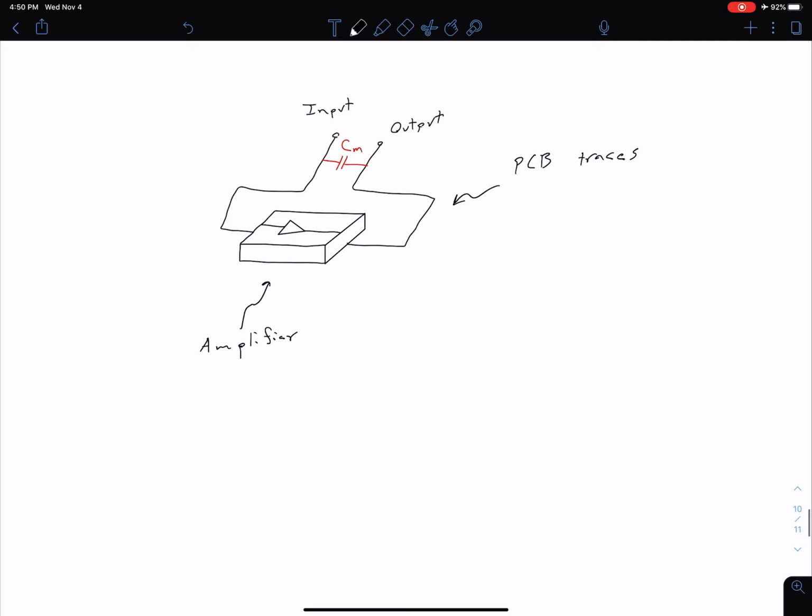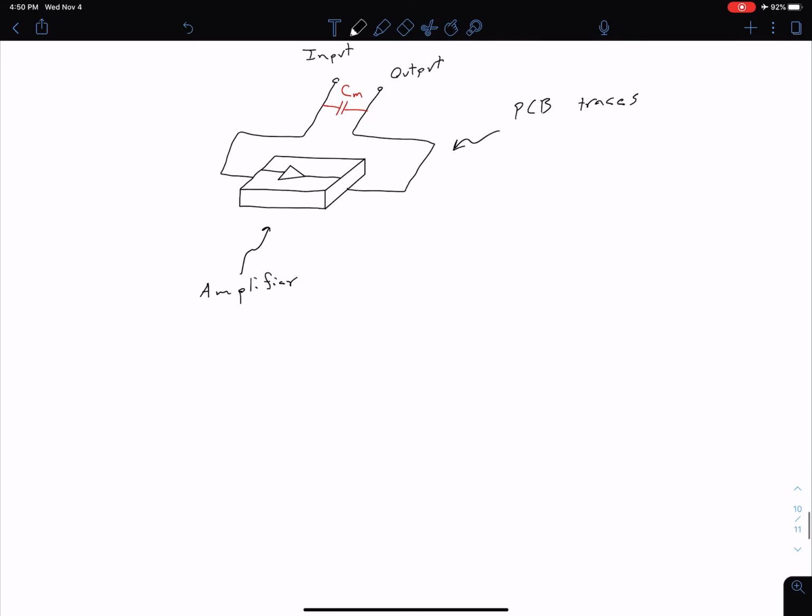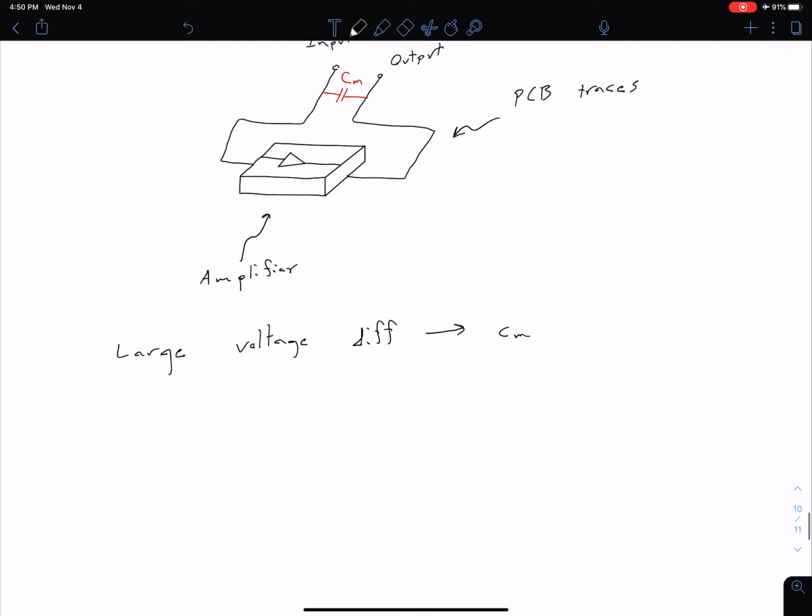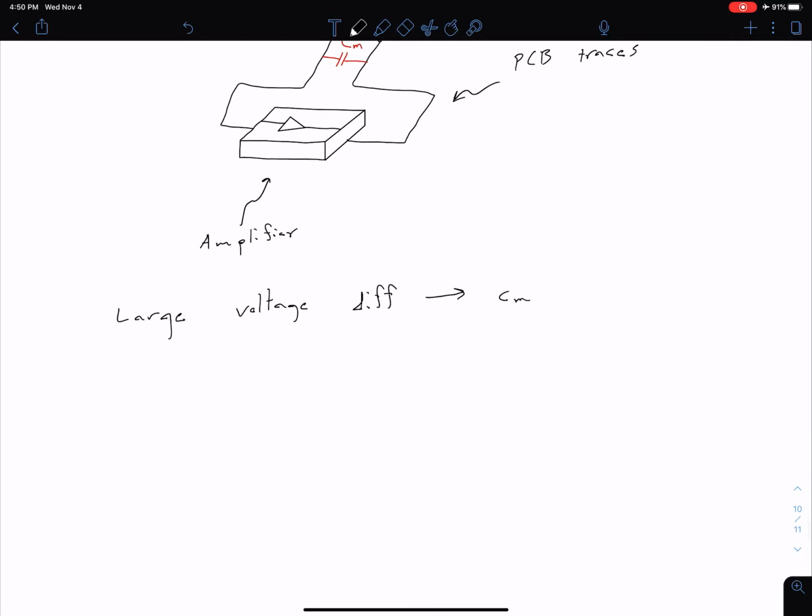And so this, of course, is going to be present if we have a large voltage difference with an amplifier. If that has a large gain, then it's very possible that our output will be much higher than our input. So a large voltage difference is going to give us that mutual capacitance Cm. And so this Cm can lead to a couple different types of problems.